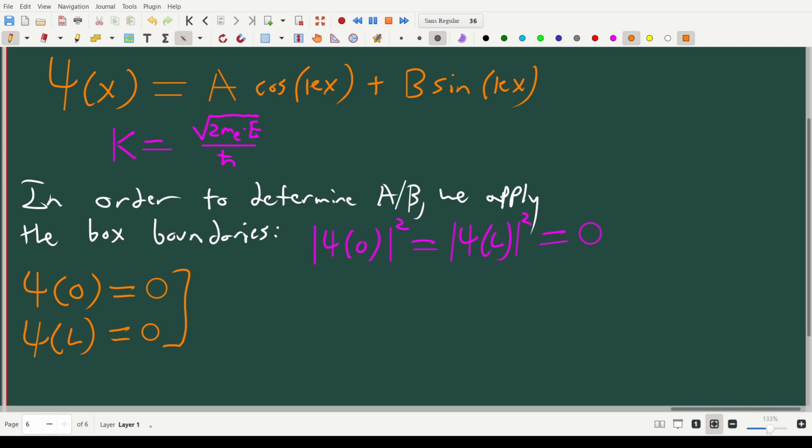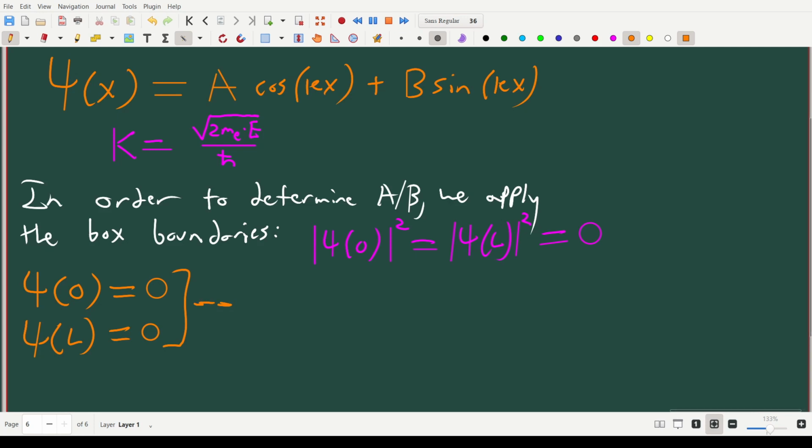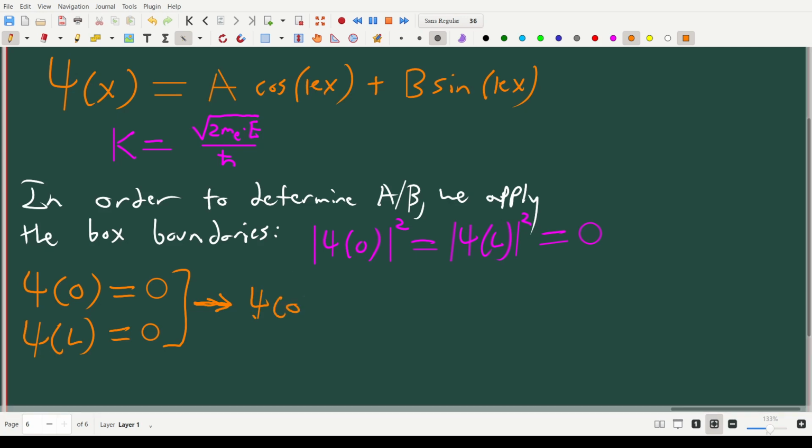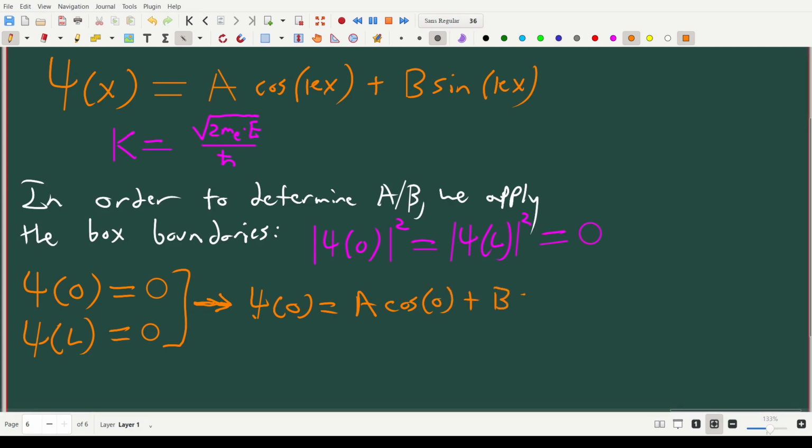So now let's take x equals 0 and apply it into here. Okay, so let's look at the first one. Psi of 0 is A cosine 0 plus B sine 0.